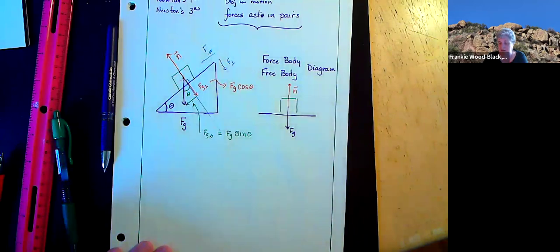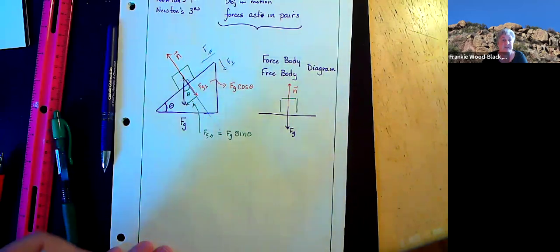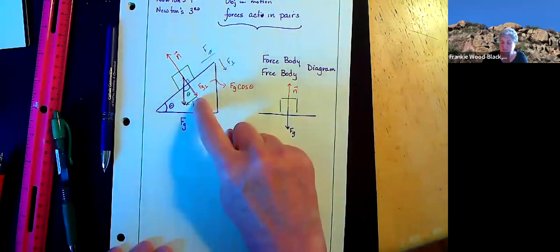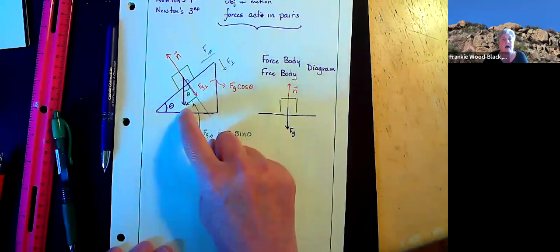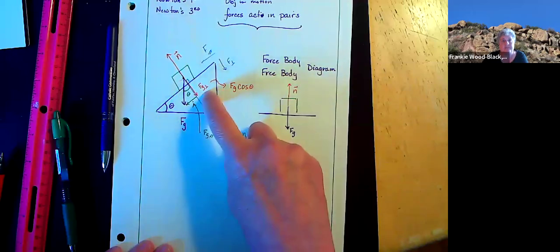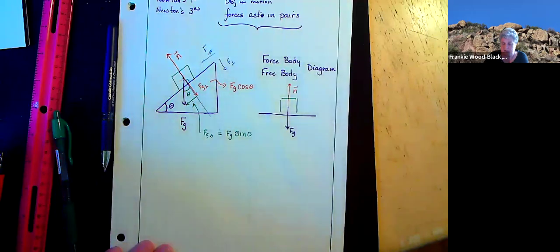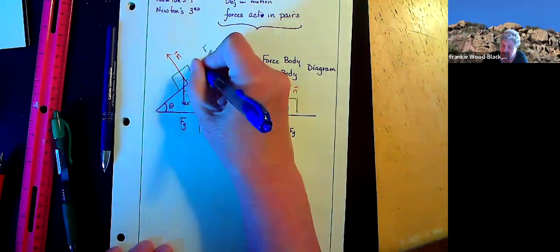The other thing that we have is, as long as this is stationary, I have to have another force, because obviously I've got a force that's trying to push my object down the inclined plane. But in order for it to not be moving, I have to have a force that's in pairs coming from that. And that is our force due to friction.